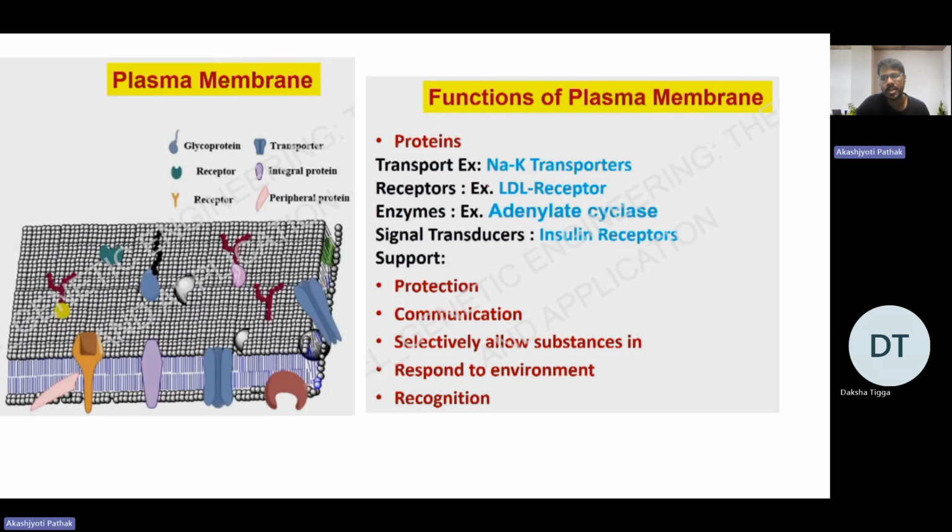There can be transport proteins like your sodium potassium transporters. There can be receptors like the LDL receptor that allows low density lipoprotein to be taken up; for example, liver cells have LDL receptors.